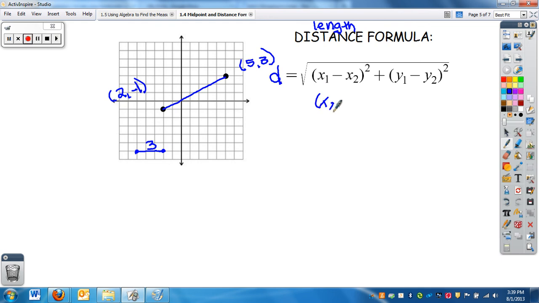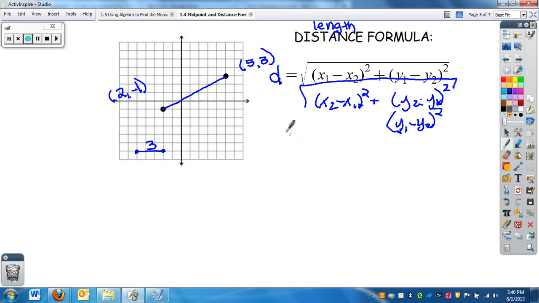You could go x2 minus x1 squared plus y2 minus y1 squared. You don't have to have the y2 first. You could go y1 minus y2 squared. You just have to subtract the y's and subtract the x's. All that's under the square root. And really make sure you follow your order of operations to make sure you have the right answer.